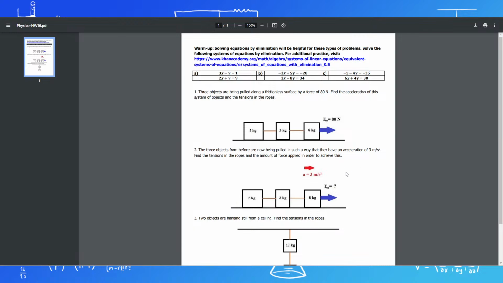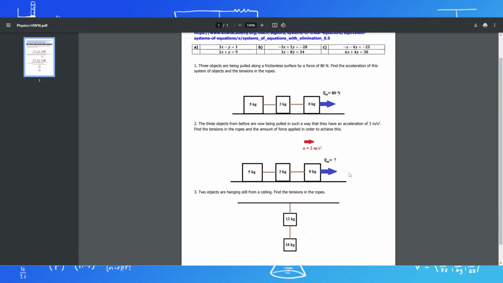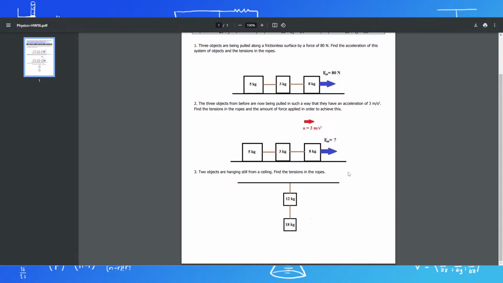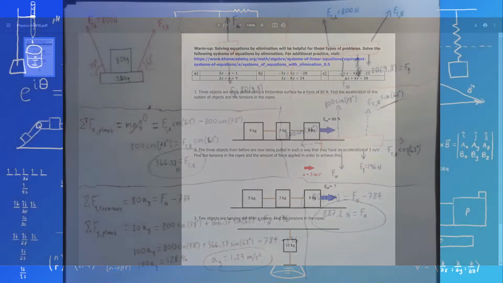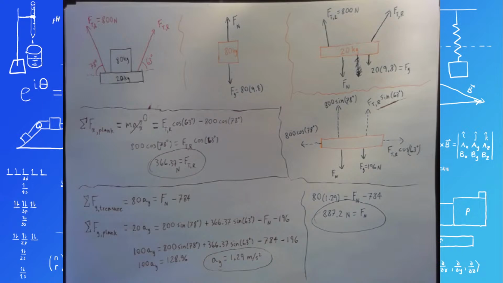So number one says 3 objects are being pulled along. Yeah, all of these are frictionless surfaces. So I already have the solutions video for this one. So rather than do this, I'm going to pull one from my book that's similar to it, just so we have something different for those who already did this in the homework.